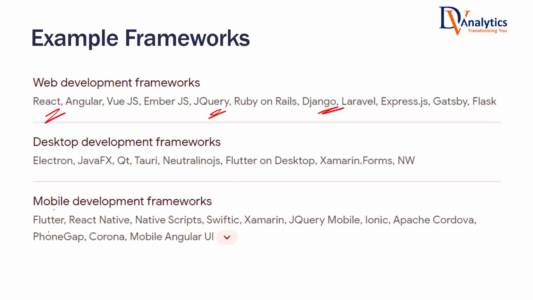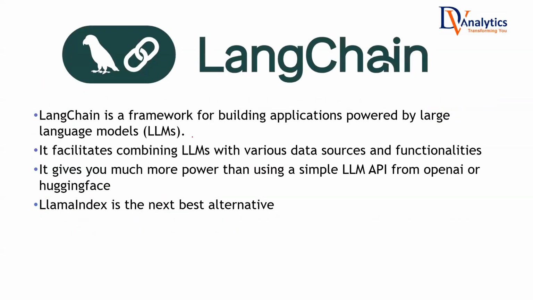For mobile applications, Flutter and React Native are frameworks. Basically, these are all collections of multiple modules and packages that will make your whole software development much, much faster. LangChain is a framework for building applications related to large language models.